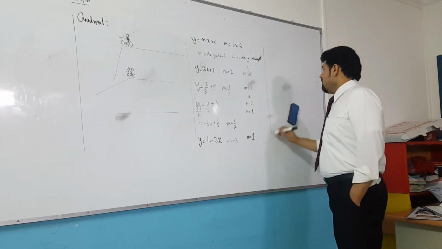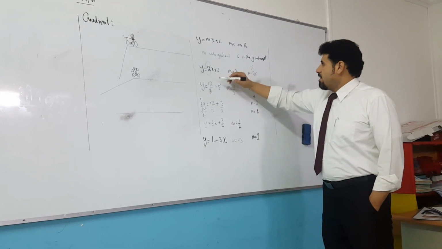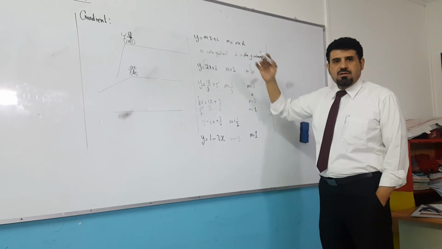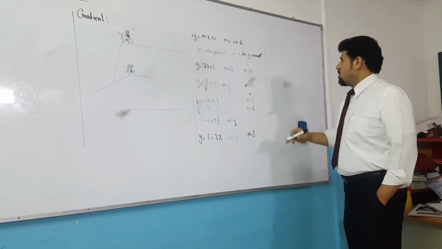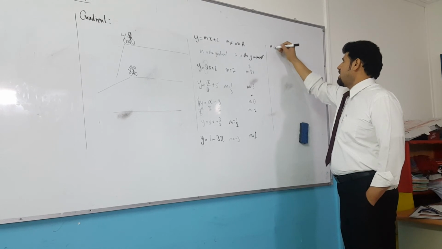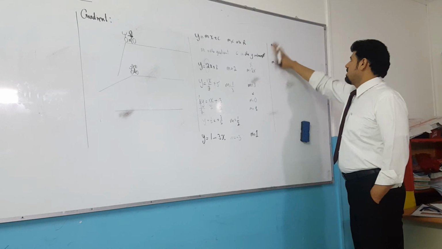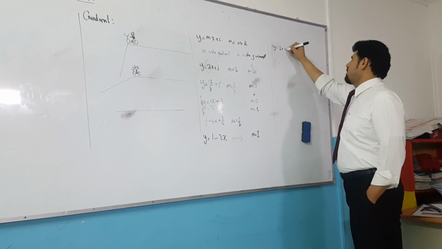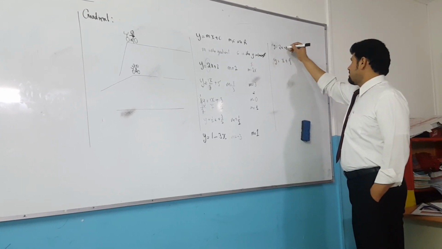Now, again, algebraically, the larger the value of the gradient, positive or negative, the steeper the line is. So, if I give you m equals 3 and m equals 1, or maybe let's just write an equation. y equals 2x plus 1 and y equals x plus 9.